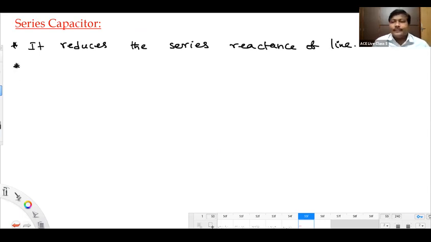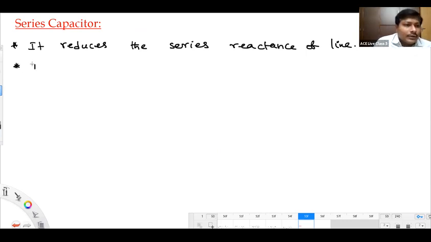Okay, next thing. Whenever you have a lagging power factor load at the receiving end side, and you add a series capacitor, the receiving end voltage magnitude will rise up.